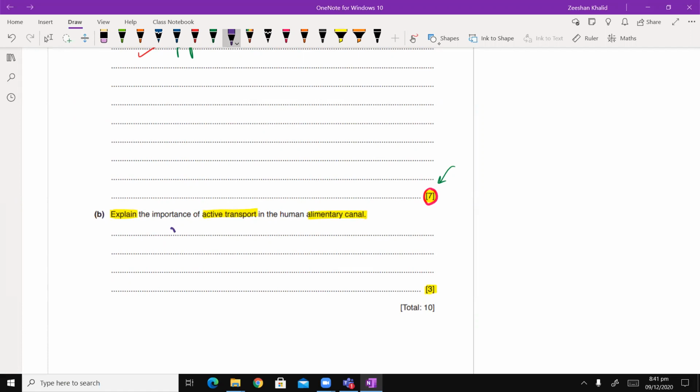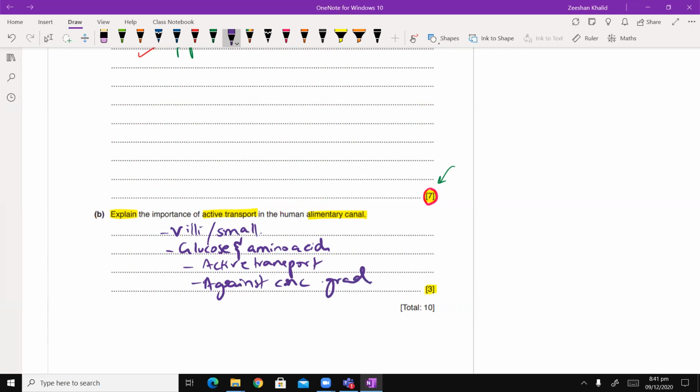Well, we just saw that in the villi, which is in the small intestine, glucose and amino acids are absorbed by active transport. Simple. Okay, which is against the concentration gradient, of course. Against the concentration gradient. Let's see what the examiner has to say.